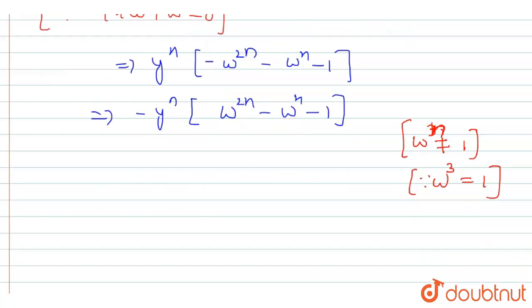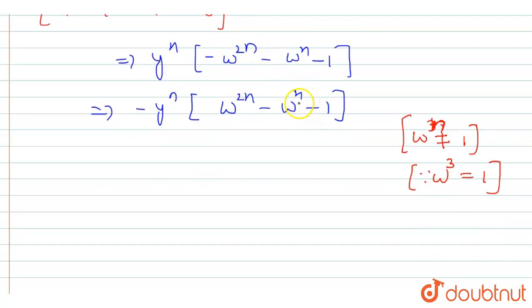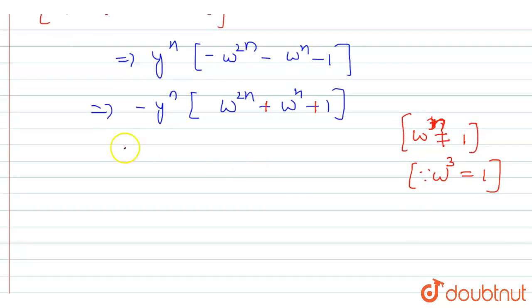So there will be a plus sign because we already took negative common, and this term is 0. Now from here the value of k is also 0.